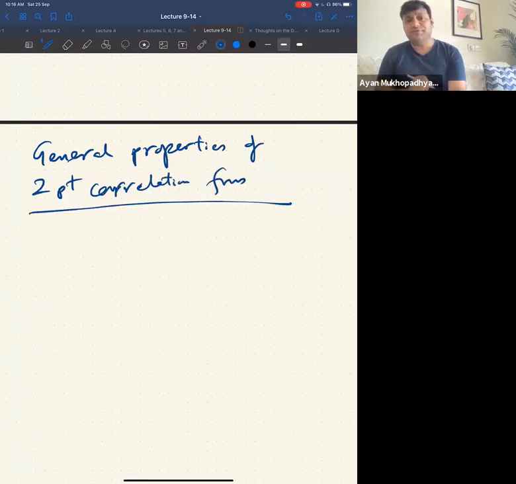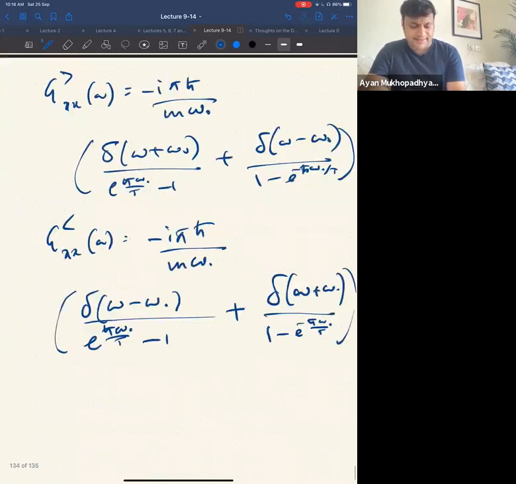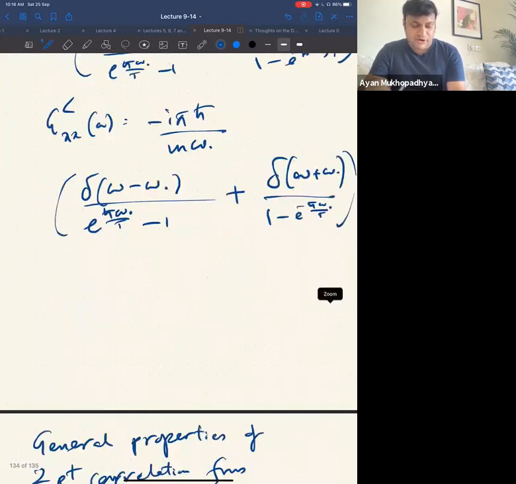So this is going to be very useful for us because suppose you want to use Wick's theorem to compute one of these objects. So you can ask, is there some independent physical meaning of this G greater, G less?